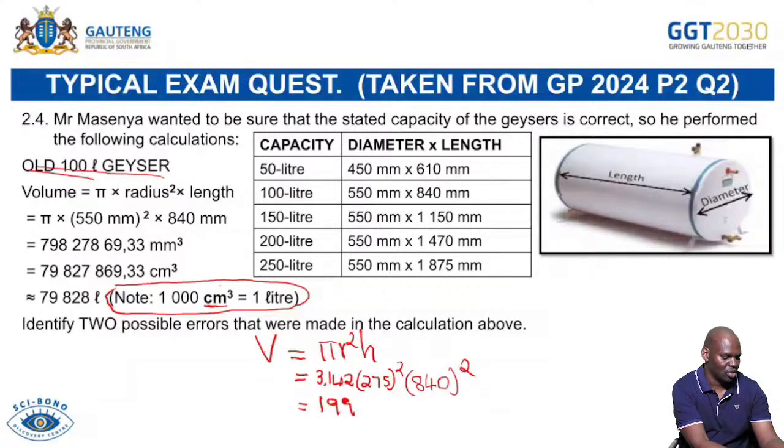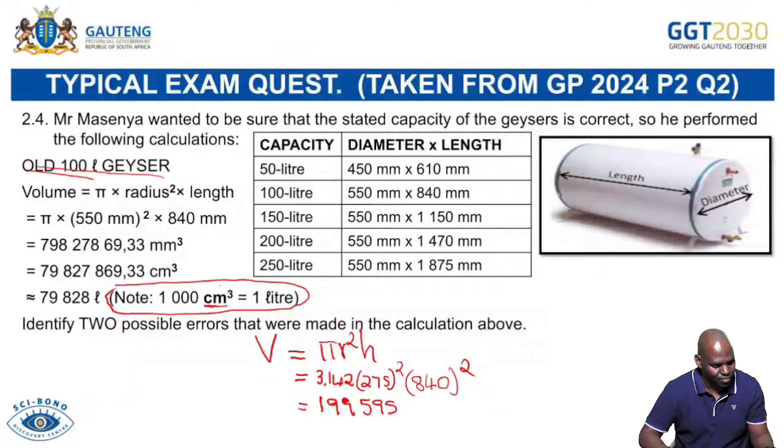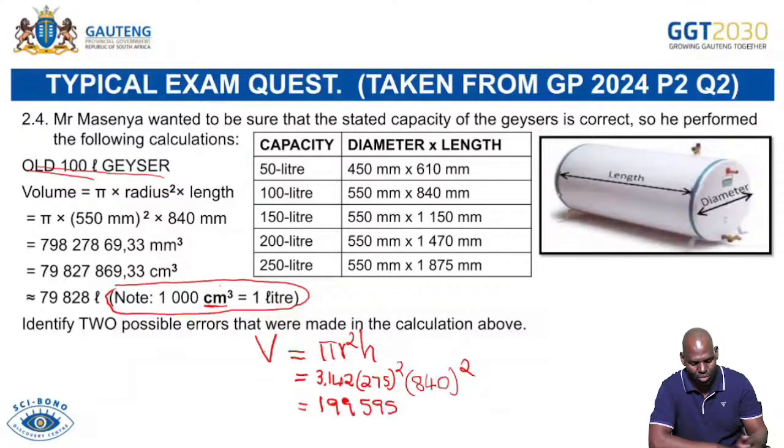275 squared multiplied by 840, and then multiplied by 3.142 is, double checked, 199,595,550.